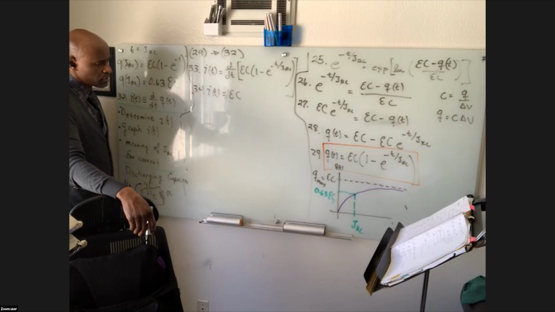But there's a minus sign there. So the derivative of e to the minus x is minus e to the minus x, right? That's right.